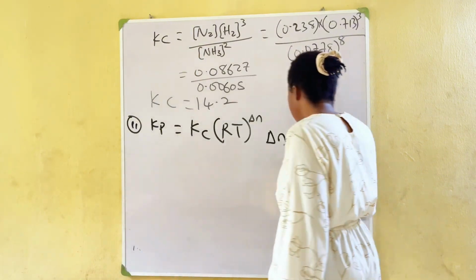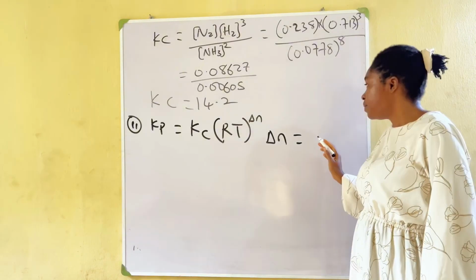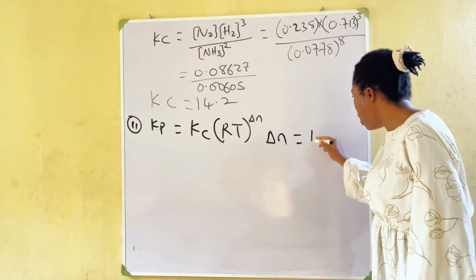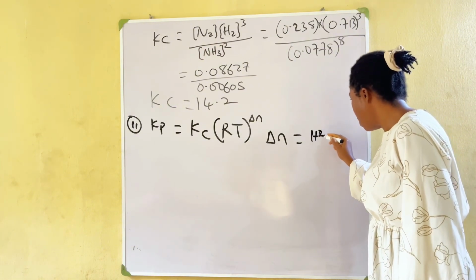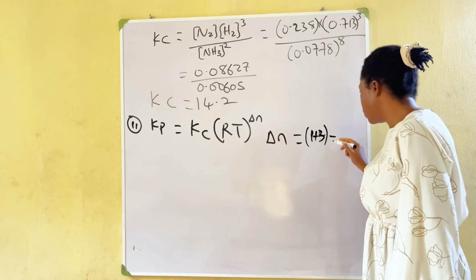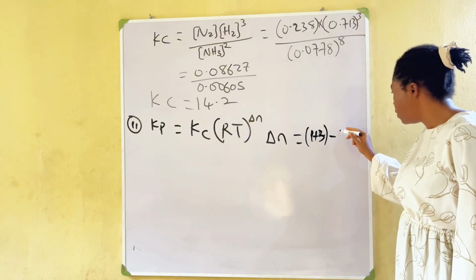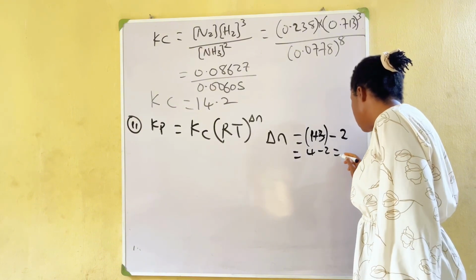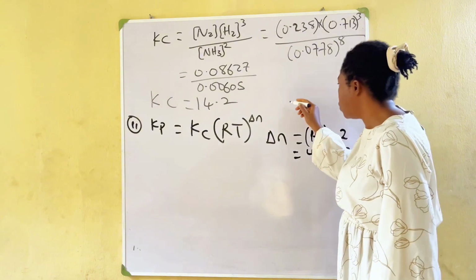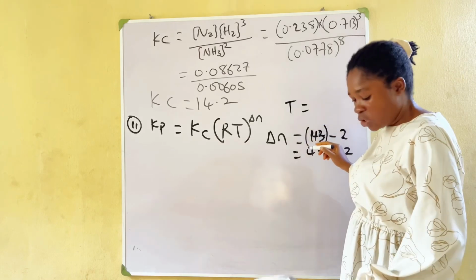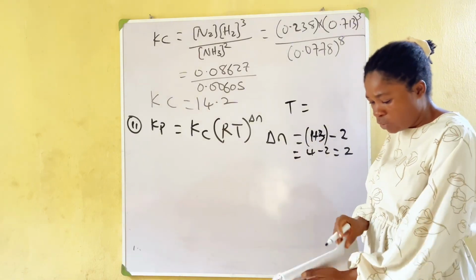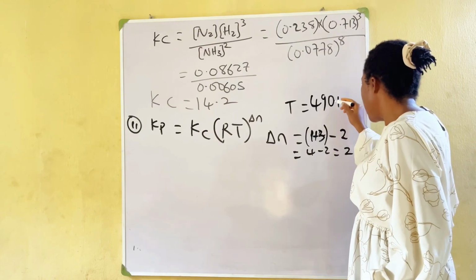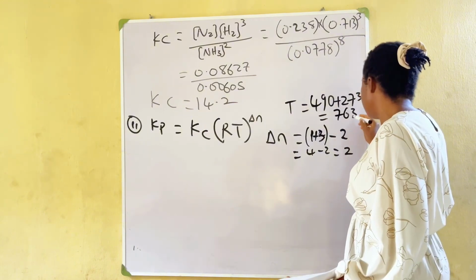Change in stoichiometric coefficient: on the product side, we have 1 mole of nitrogen and 3 moles of hydrogen, so 1 plus 3, minus, on the reactant side, you have just 2 moles of ammonia. So 4 minus 2 is equal to what? 2. What about temperature? Temperature must be in Kelvin. We are given a temperature of 490 degrees Celsius, so plus 273 Kelvin.